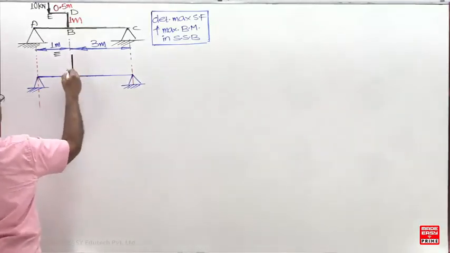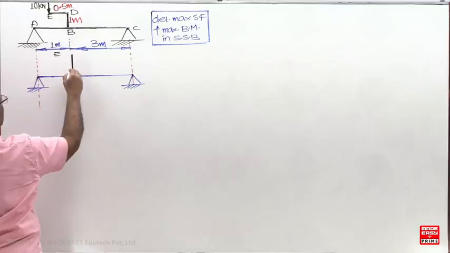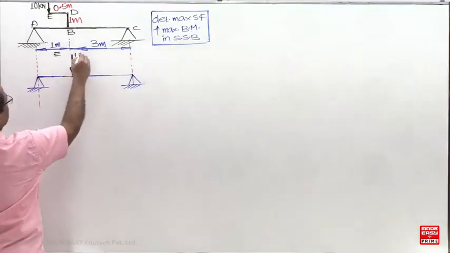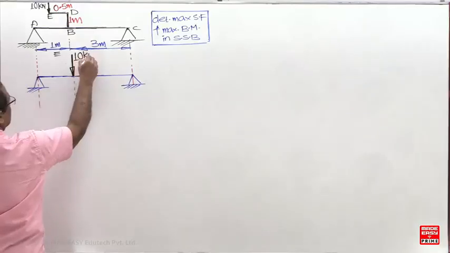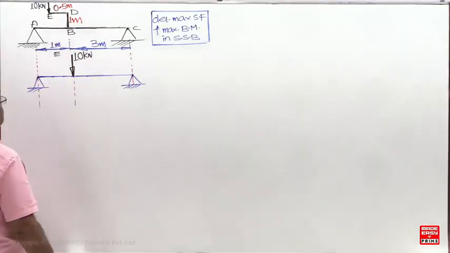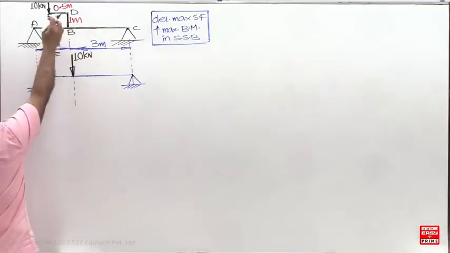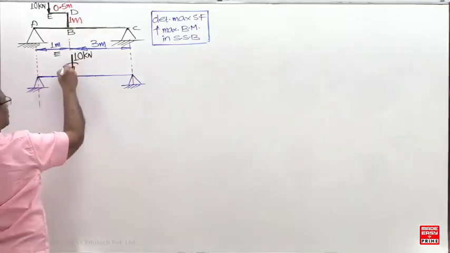Since the load is applied in the vertical direction, it is equal to a constant point load in the downward direction and a couple. What is the distance between B and E? 0.5, in the anti-clockwise direction.